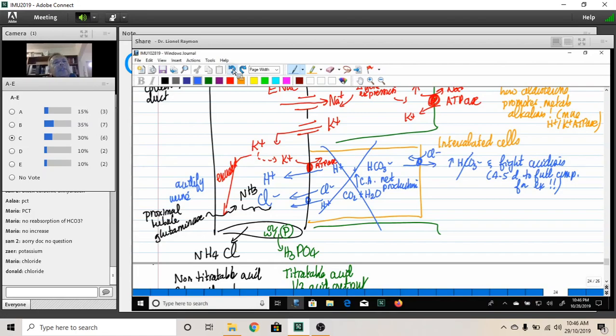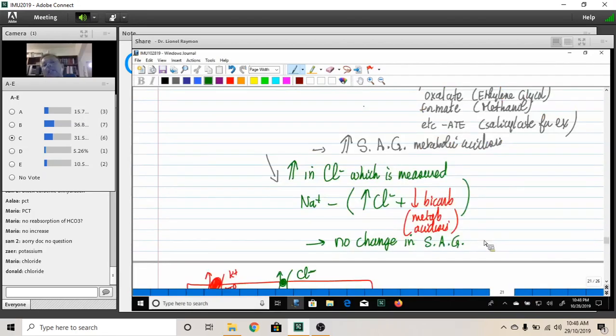So here we have increased serum anion gap metabolic acidosis, whereas here we have no change in serum anion gap metabolic acidosis, and that's going to be the RTAs 1, 2, and 4. There's no RTA 3, and it's also going to be any issue with diarrhea.